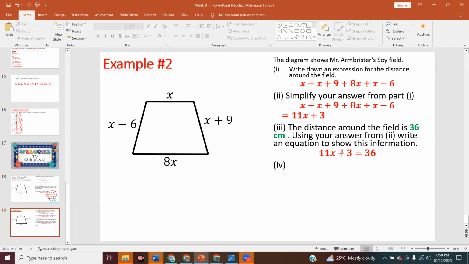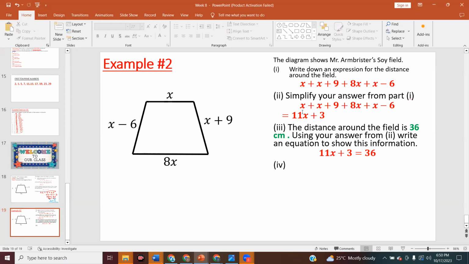Okay, so all we do is, you see how this is 36? Yes, sir. So whatever they tell us the perimeter is, we're going to set that equal to 11x plus 3. So we just say 11x plus 3 equals 36, because this is the expression for the perimeter and 36 is the perimeter as well. So we set them equal to each other.